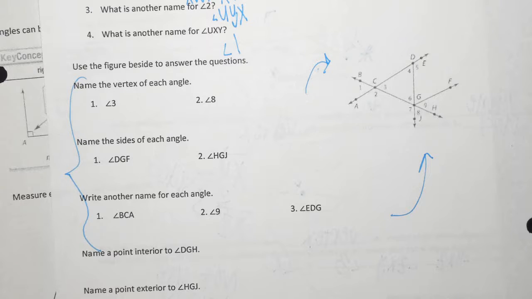Alright, what I want you to do is turn and talk to a neighbor, or two partners if there's a group of 3. Turn and talk to someone about the answers you got. Go!